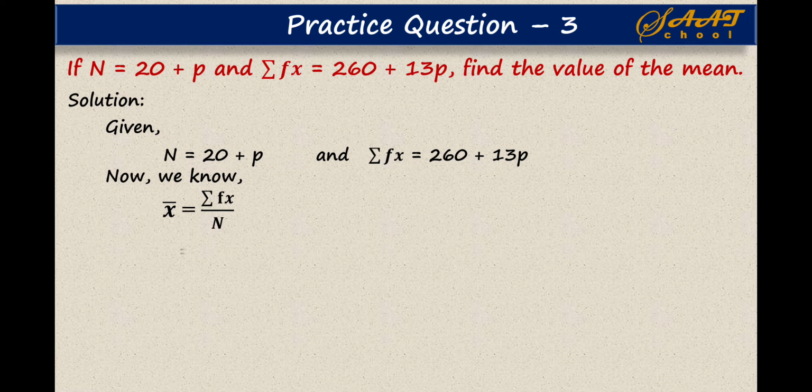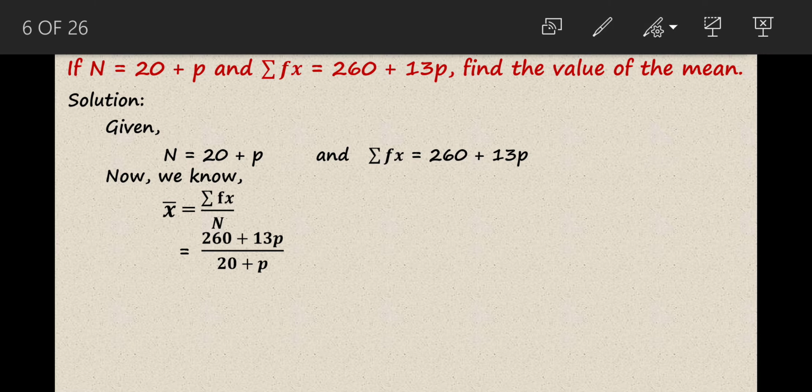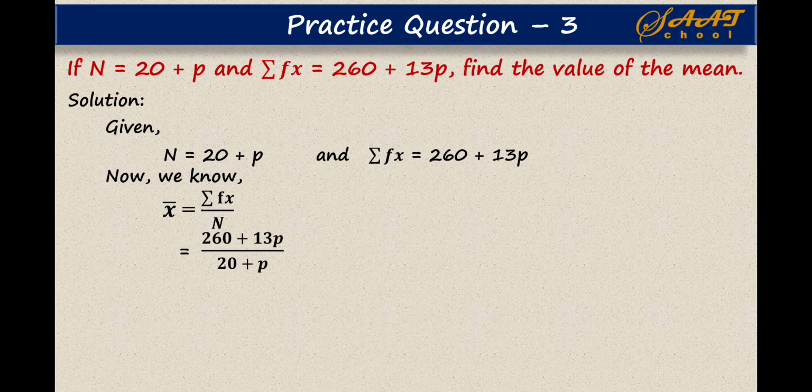Now we have the value of fx, which is 260 plus 13p, and n is 20 plus p. Now looking at the two terms in the numerator, 260 and 13p, we can take 13 as common. If 13 is common, then we have 13 times 20 plus p.